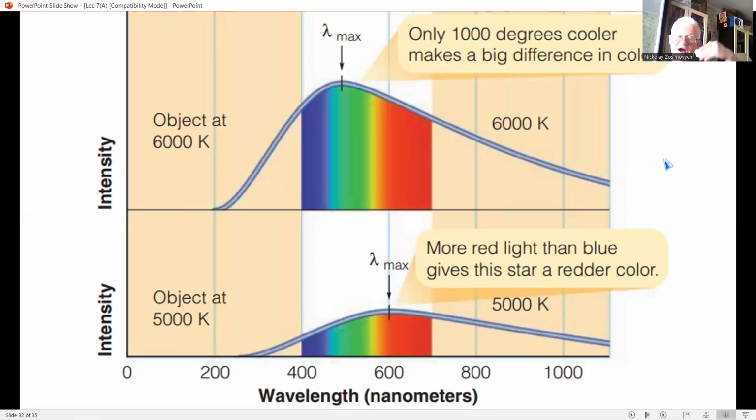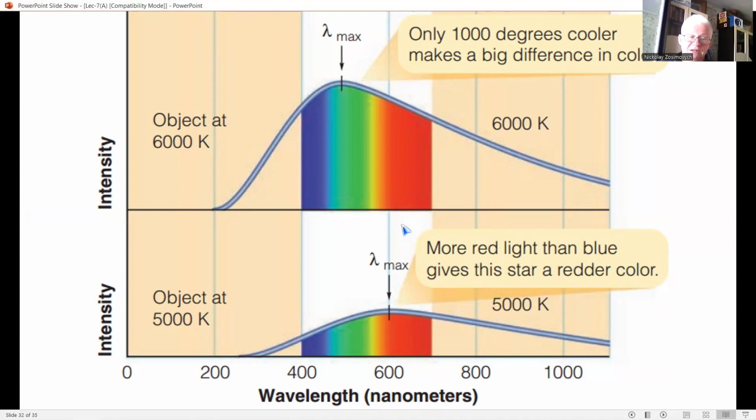The curves are high in the middle and lower at either end, because the object emits most intensity at intermediate wavelength. The total area under each curve is proportional to the total energy emitted. So this total energy is higher than this total energy under this, right?